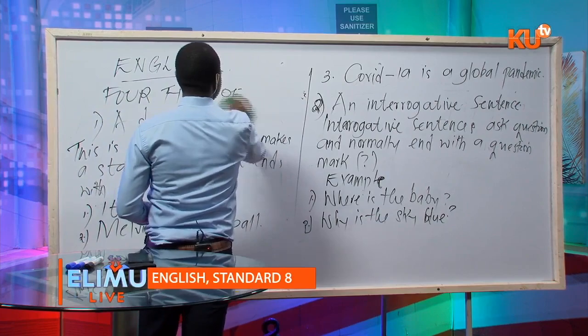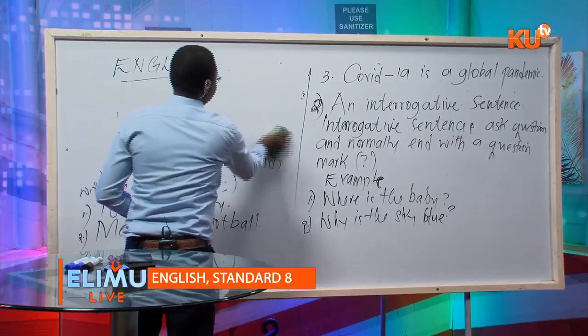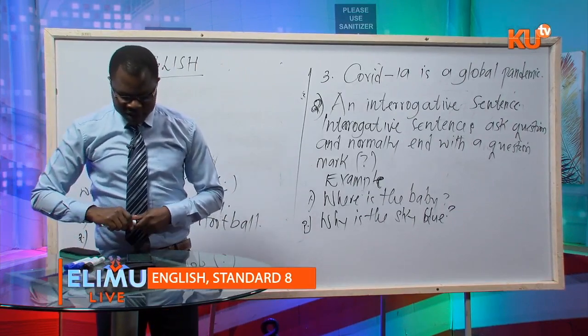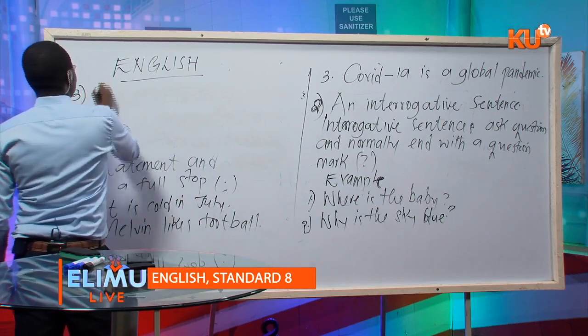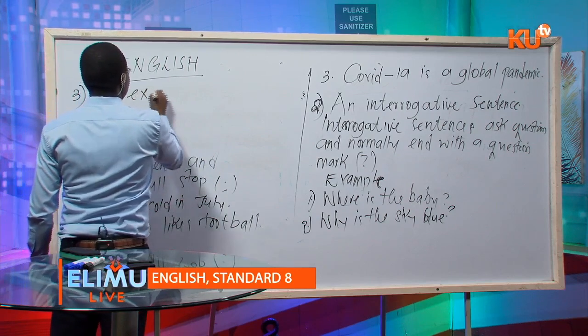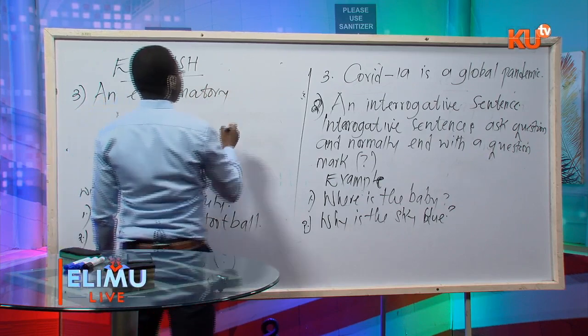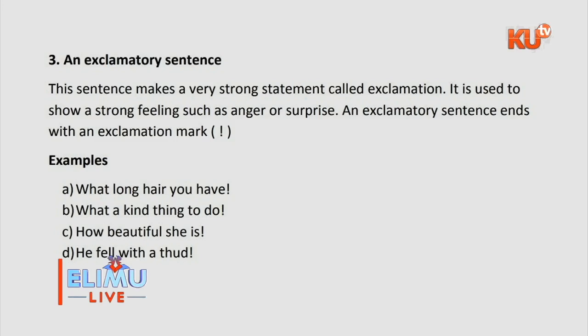Example number 3 of a sentence is what we call an exclamatory sentence. An exclamatory sentence makes a very strong statement.